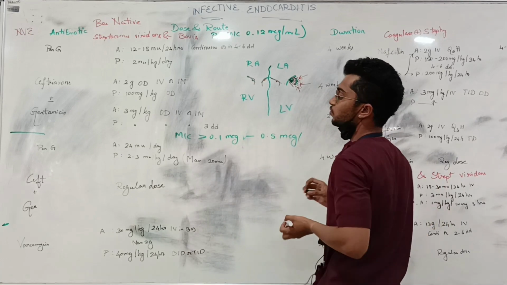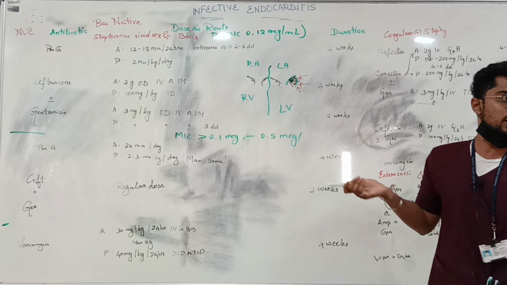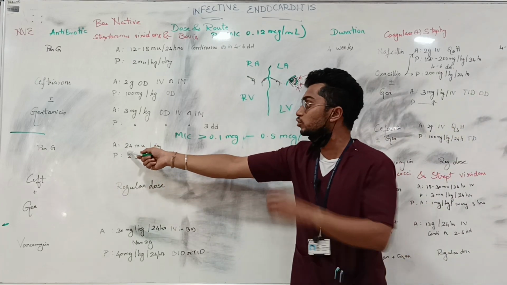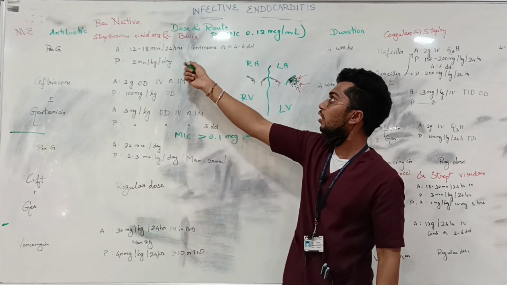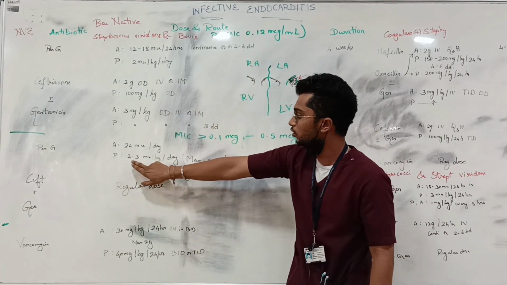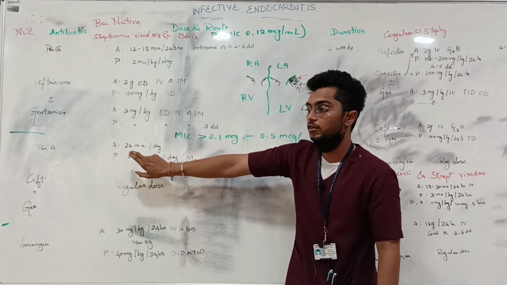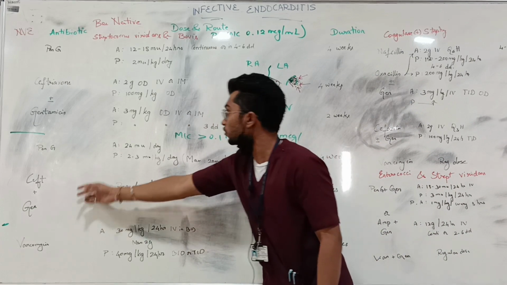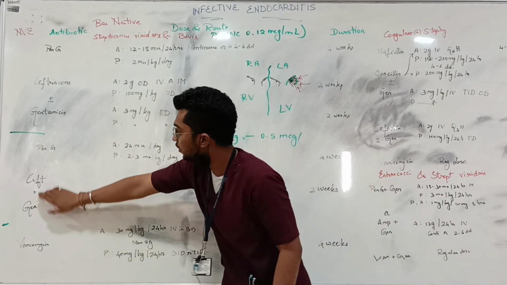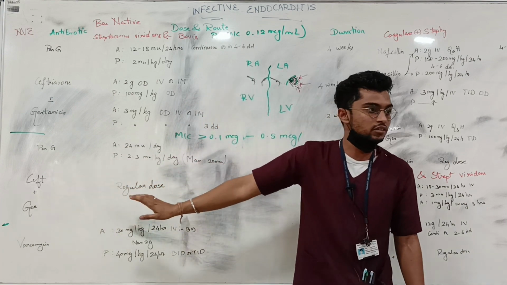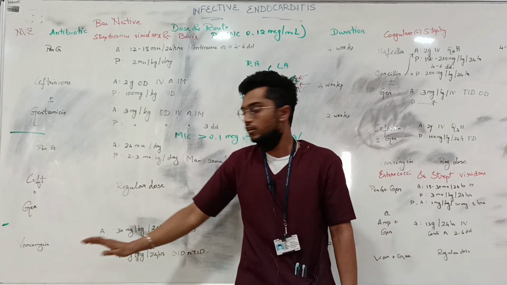When this is the MIC found in the organism, it is considered a resistant strain. For that, we have to use the higher dose, that is 24 million units, again as continuous or 4 to 6 divided doses. Pediatrics should use more than 2, up to 3 million units per kg. And we can use ceftriaxone and gentamicin, but here we don't have the option of minus. We have to add gentamicin with ceftriaxone in resistant patterns.